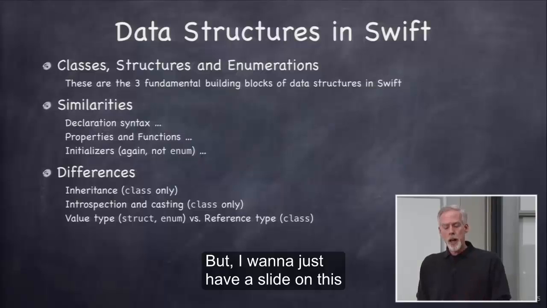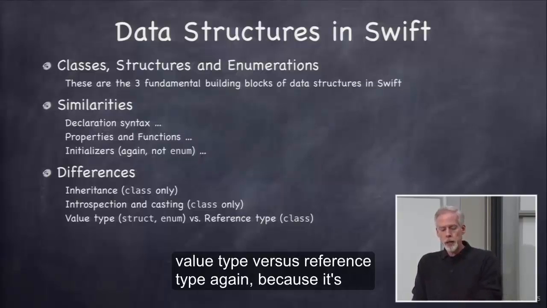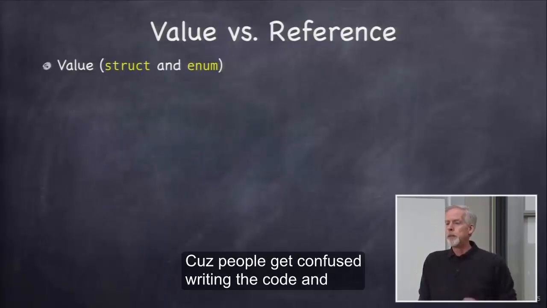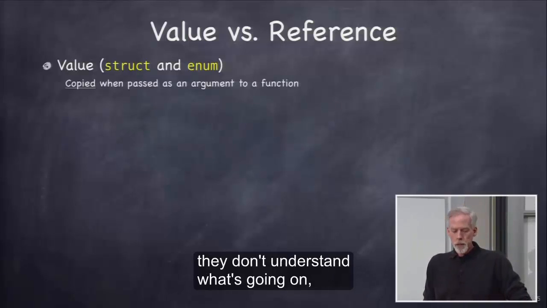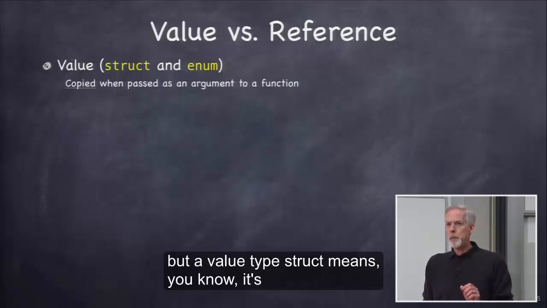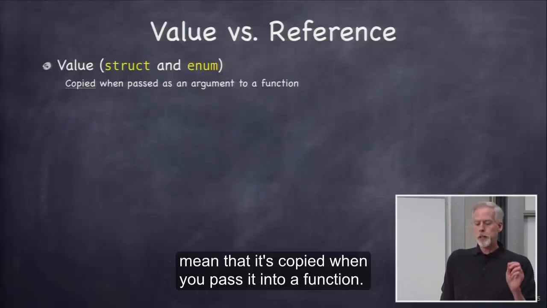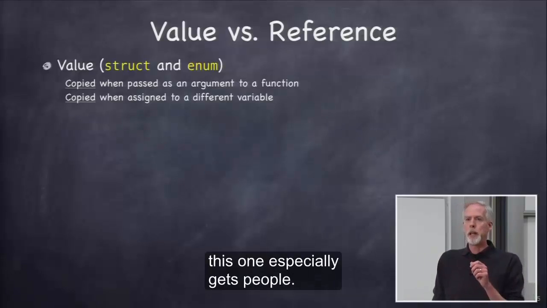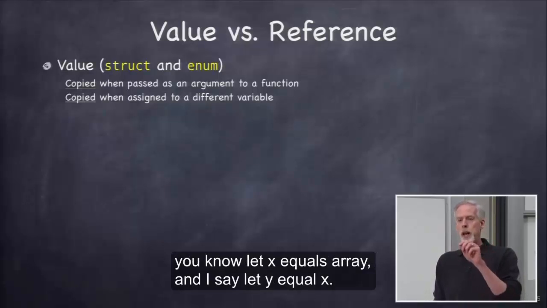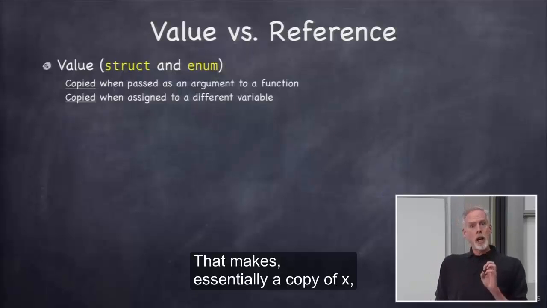But I want to have a slide on this value type versus reference type again, because it's a really important thing to understand, because people get confused writing the code and they don't really understand what's going on. But a value type, structs and enums, means that it's copied when you pass it into a function. It's copied when you assign it to a different variable. This one especially gets people. If I have let x equals array, and I say let y equal x, that makes essentially a copy of x.